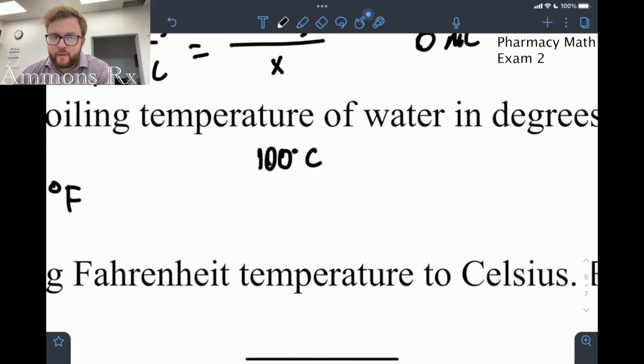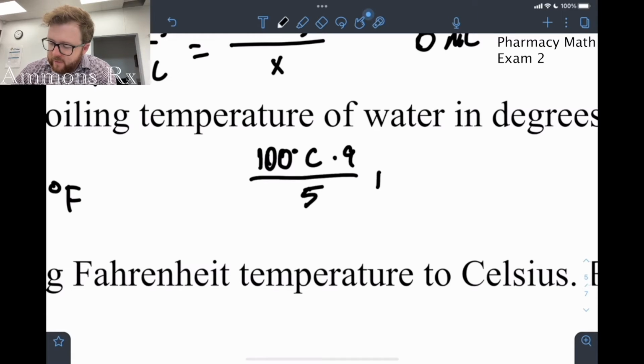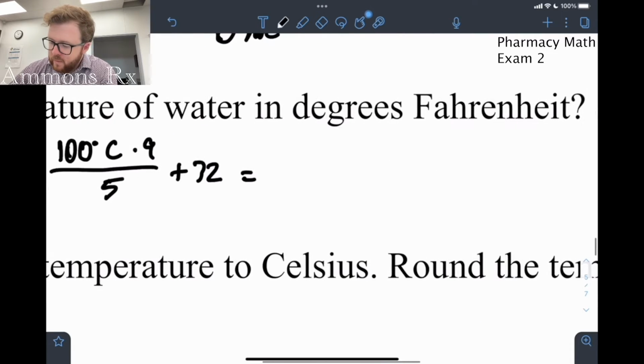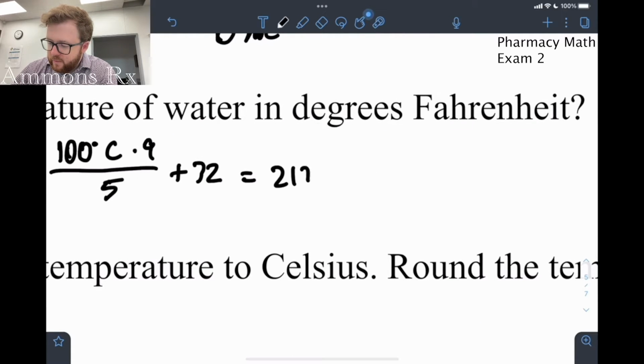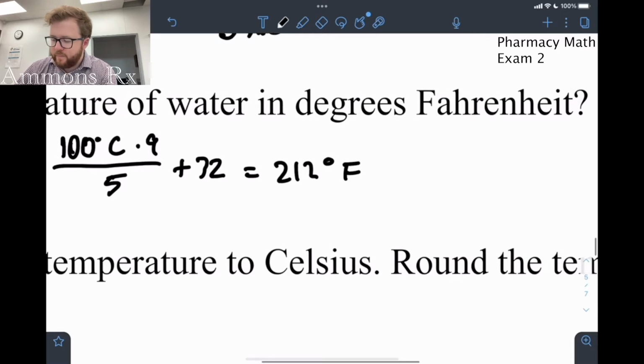But if we need to convert that to Fahrenheit, we're going to do 100 degrees Celsius times 9 divided by 5 plus 32. And I will end up with 212 degrees Fahrenheit. Okay.